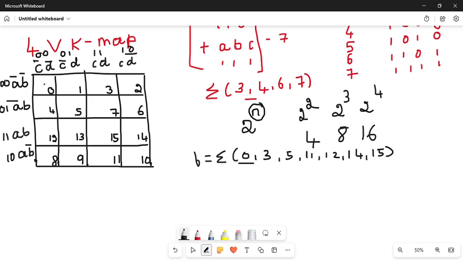So put 1 in place of 0, 1 for 3, 1 for 5, 1 for 11, 1 for 12, 1 for 14, and 1 for 15, and here you got your K-map, right?